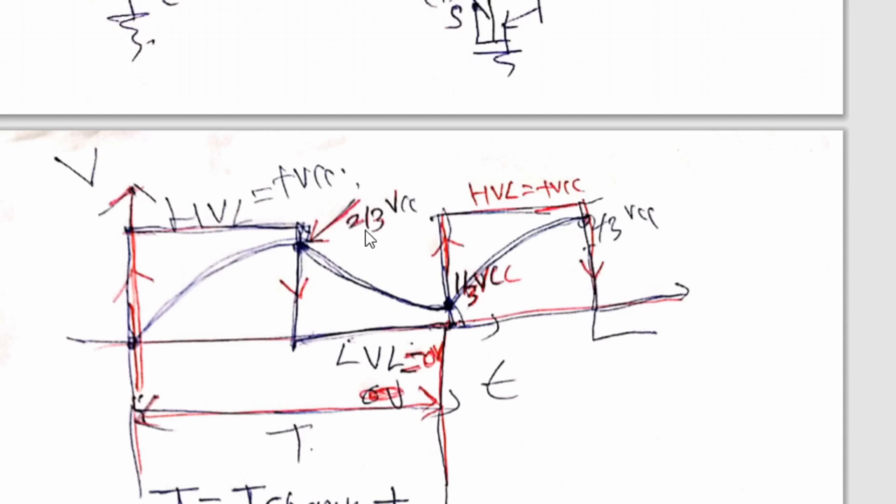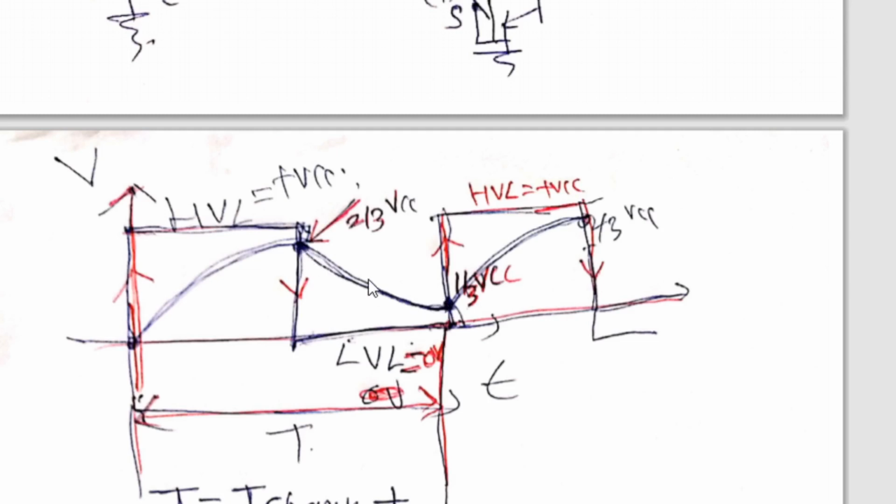Therefore, discharging of the capacitor takes place, but discharging takes place from two-thirds of Vcc to one-third of Vcc. The capacitor will never get discharged to 0 volt because as soon as the voltage across the capacitor goes below one-third Vcc, again the logic level 1 will appear. So like that here, how long time will the logic level 0 remain? Till the capacitor discharges from two-third Vcc to one-third Vcc.